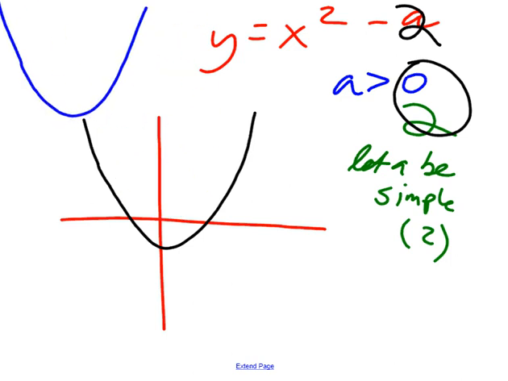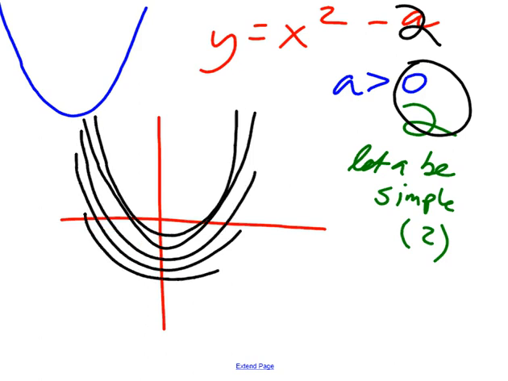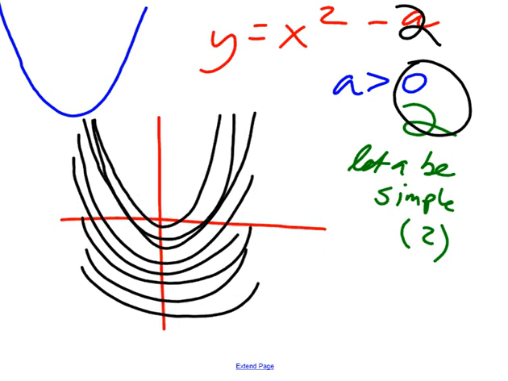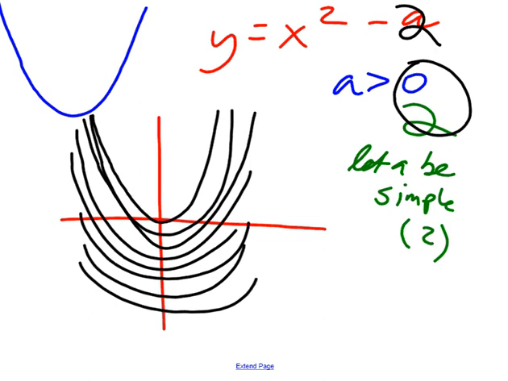Okay? Then, depending on what you make a, it'd be a whole family of these things. And the lowest one would get really close to 0, but has to be a tiny bit below 0. You get what I'm saying? Okay. All right.